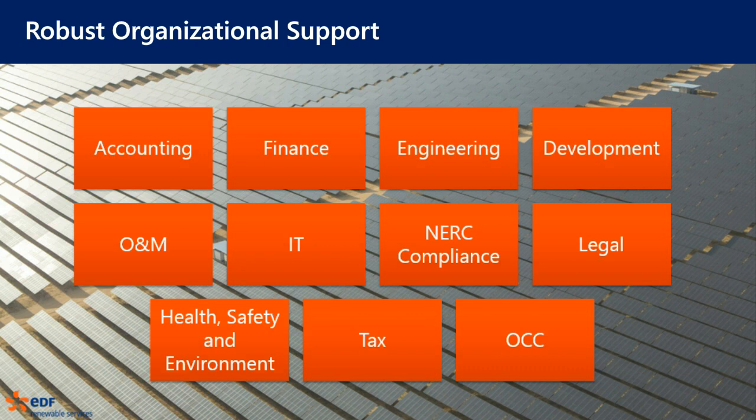So, asset managers count on accounting services, and they count on project finance experts, as well as engineers and attorneys, operations and maintenance folks on site to really be able to meet all of the contractual compliance items that they have. I think being able also to depend on a very technically savvy operations control center to know what's going on site on a real-time basis is another really important tool for an asset manager to be able to rely on.